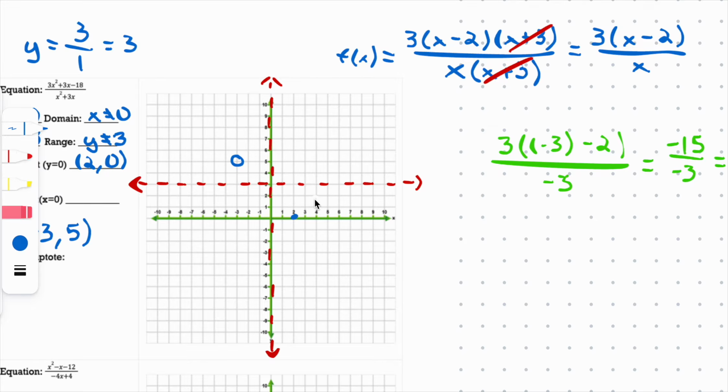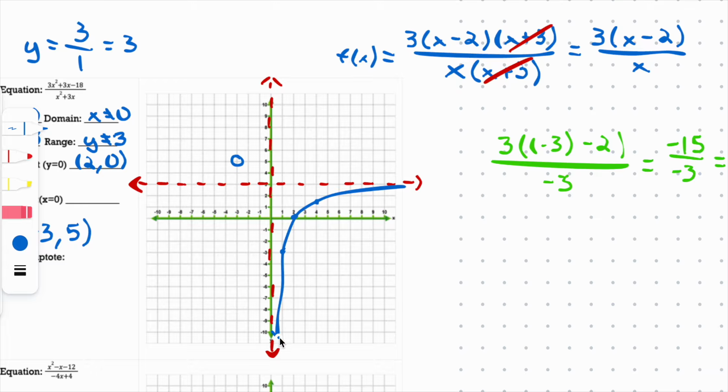So at 4, we're going to have a point right here. Now let's plug in a point for x equals 1. So 1 minus 2 is negative 1. 3 times negative 1 is negative 3. Negative 3 over 1 is just negative 3. So we have a point right there. And we start to see something that looks like this start to form.